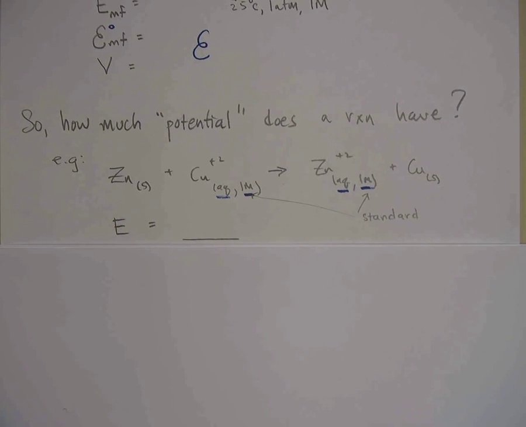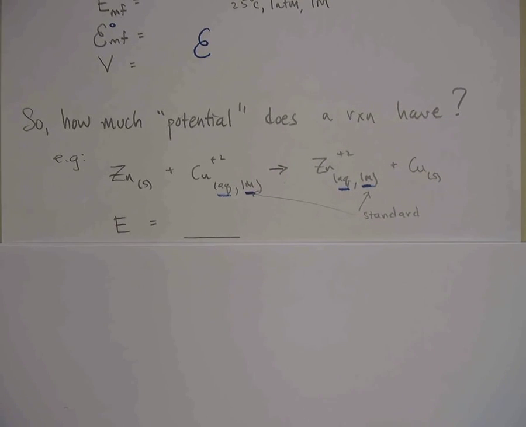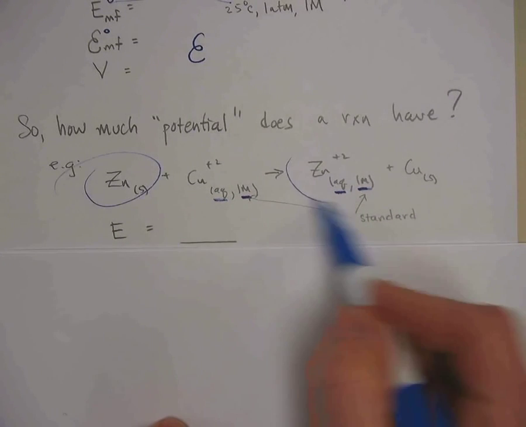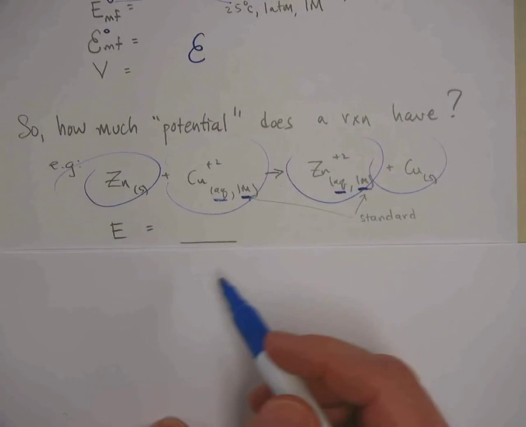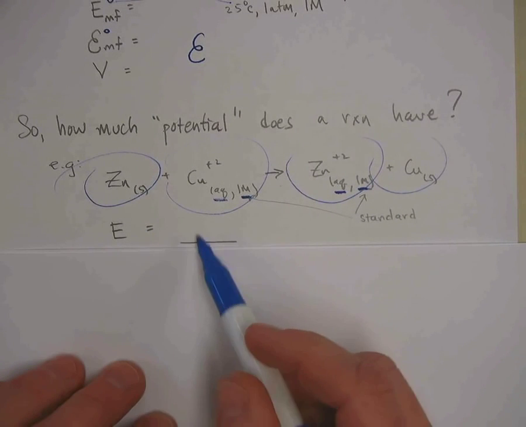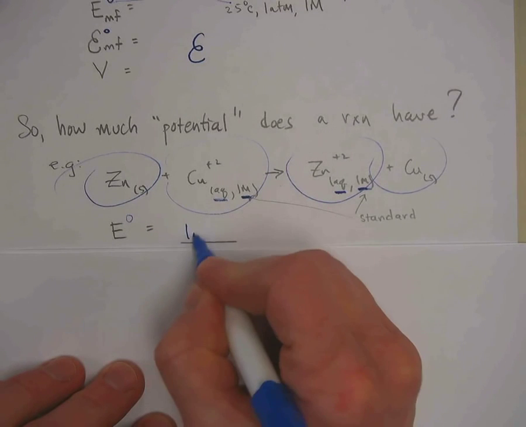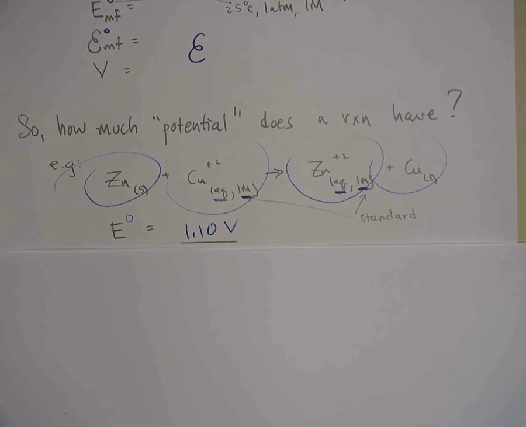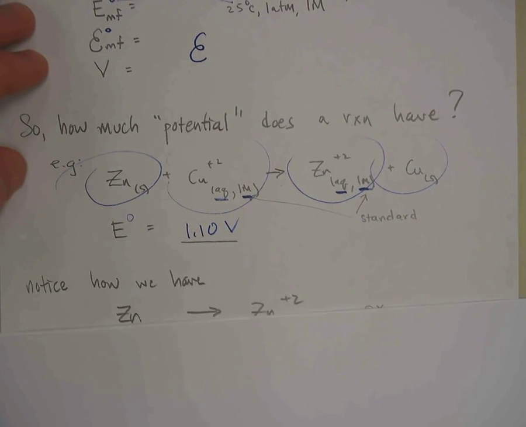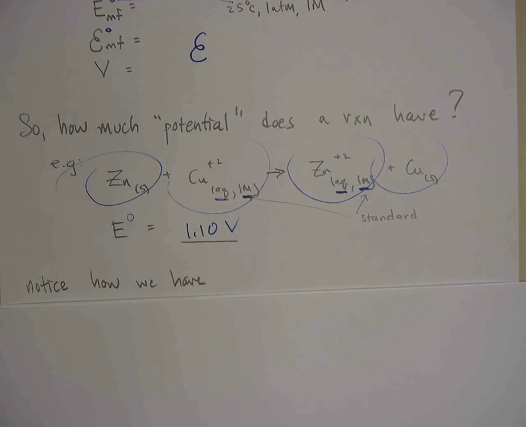Well, this particular reaction, where zinc is oxidized and copper is reduced, actually has a cell EMF, or a cell voltage, or a standard cell potential of 1.10 volts. Now, how do we know that? Well, I'm going to explain it, but it's going to take a few minutes.